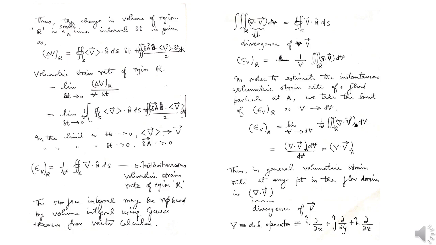Now, to move forward, there is an interesting application of a very popular theorem from vector calculus. By now I hope you have downloaded my two very necessary, essential and useful sheets regarding various mathematical theorems, identities, and rules from vector calculus, which will be very useful in our fluid mechanics course.